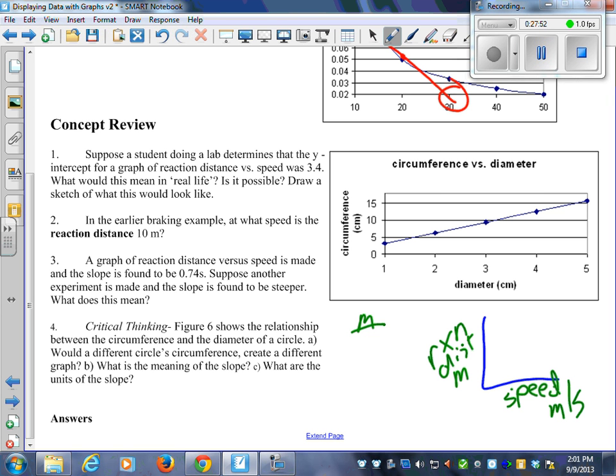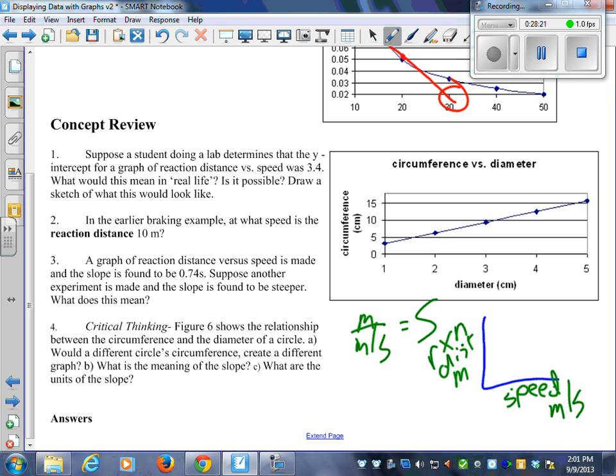Rise over run, the y over the x, meters over meters per second. And we've already seen that meters over meters per second becomes seconds. So what is this 3.4? Before it was 0.74, I think. What is the 3.4 in this case? 3.4 seconds, the person's reaction time.